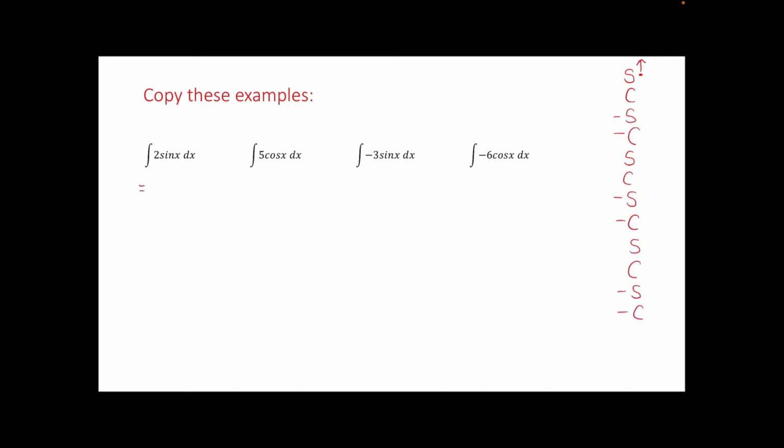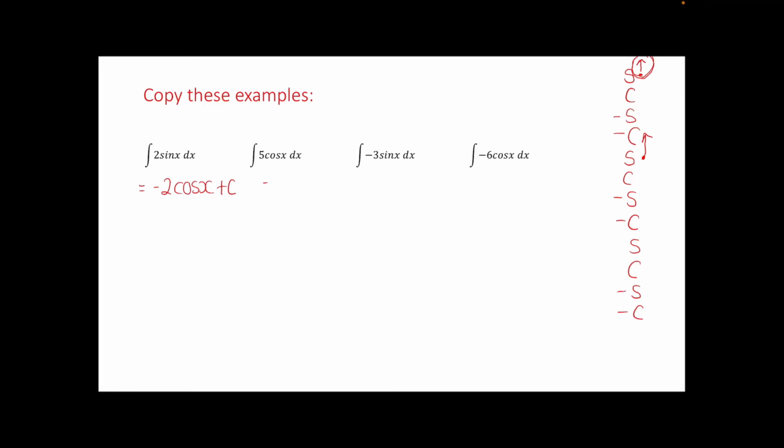That means that where you've ended up with nothing above it, you can refer down to this one here. Sine becomes negative cos, so that would become negative 2 cos x plus c.